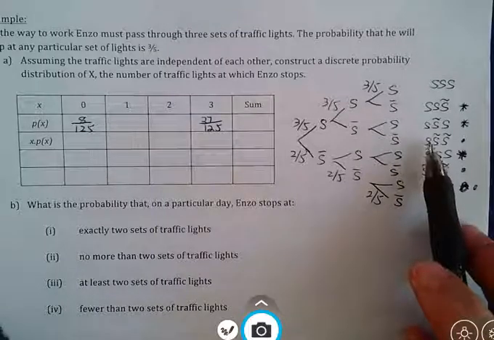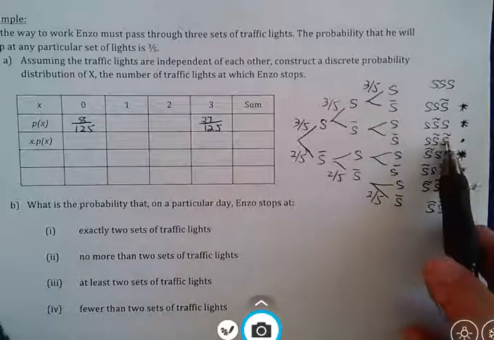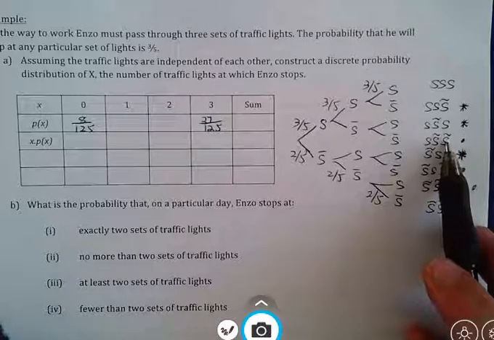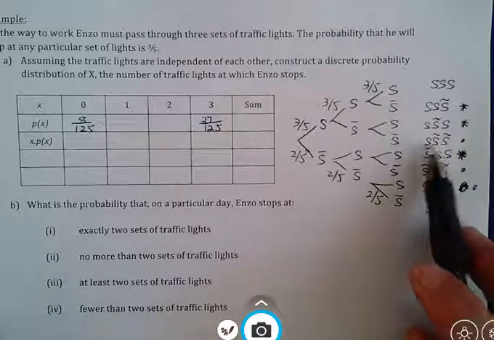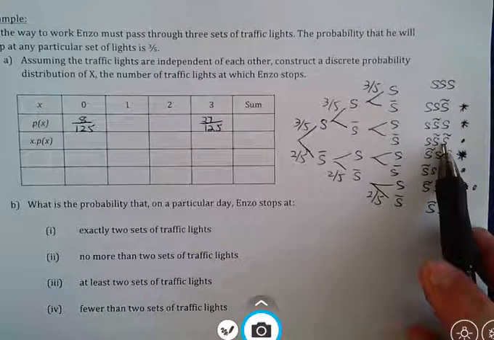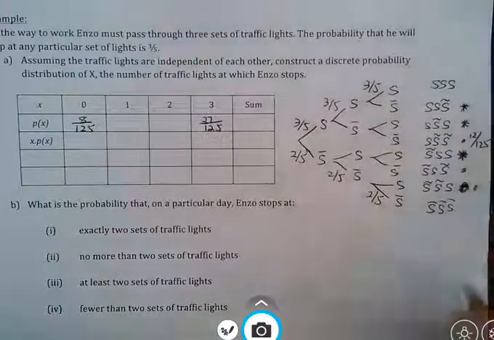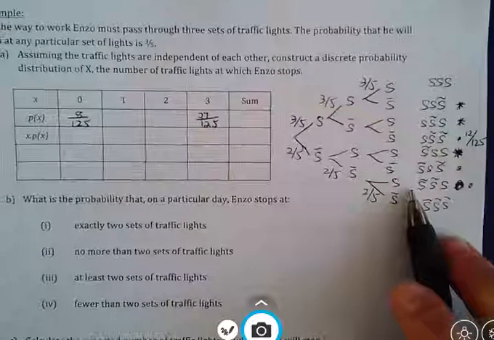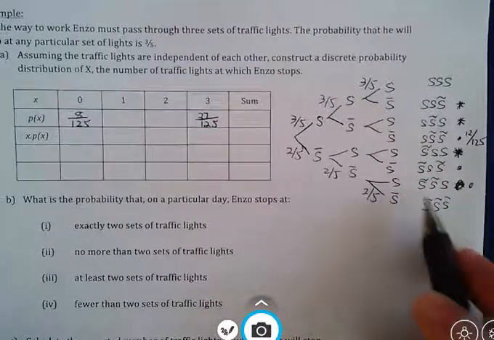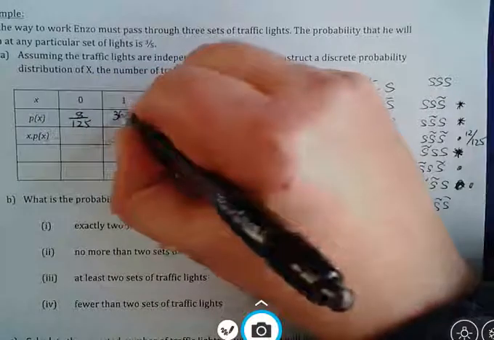So stopping once would be 3/5 times 2/5 times 2/5. That would give our numerator 12 over 125. And so that's 12 over 125 for that, and there are 3 of those that are the same. So we would end up with 36 over 125.